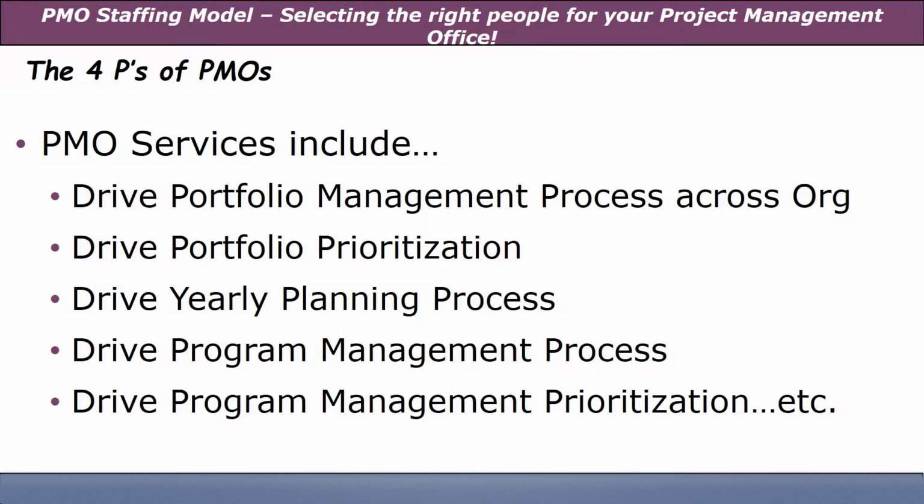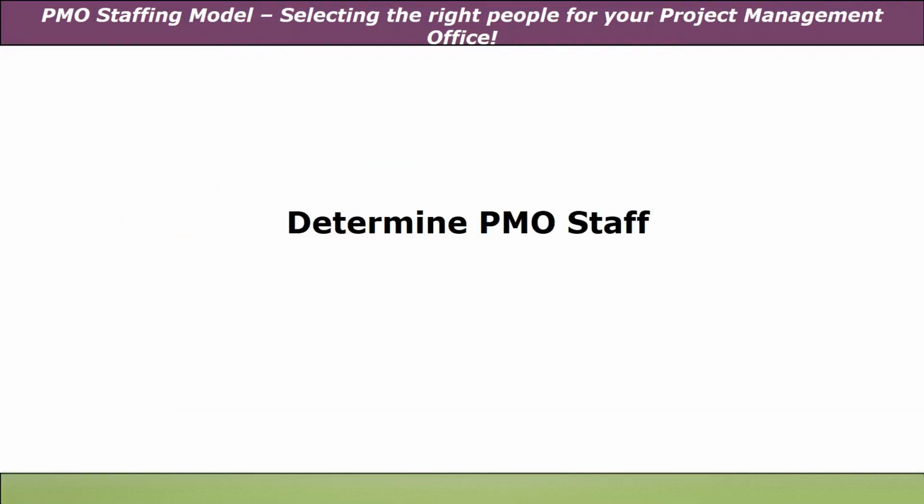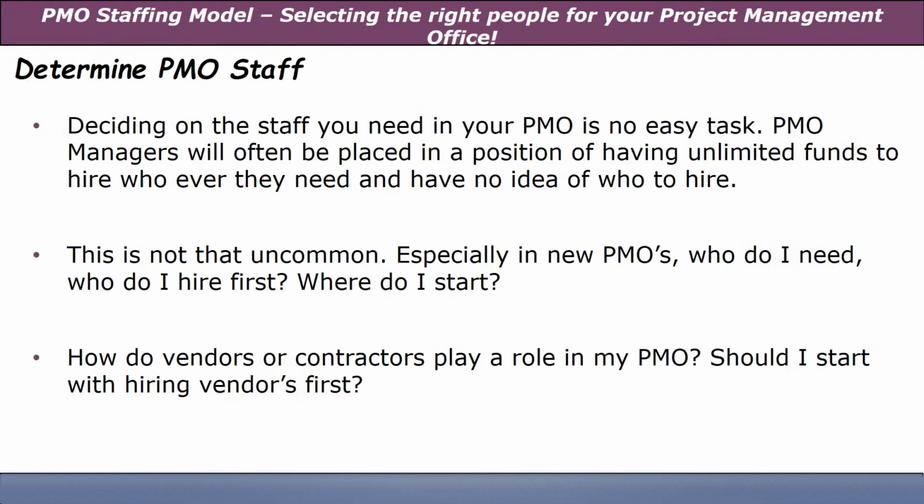Again, the list goes on, but every portfolio or program or project methodology you select will have certain services attached to it. Once you determine the 4 P's of your PMO, you determine your PMO services. The next and last step is determine the staff you need.